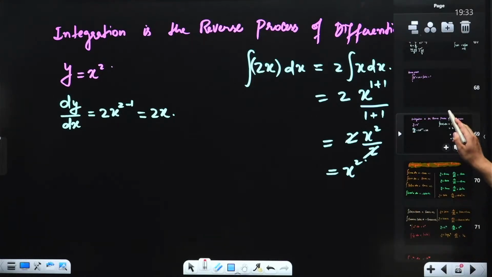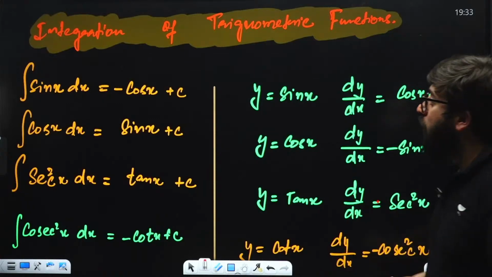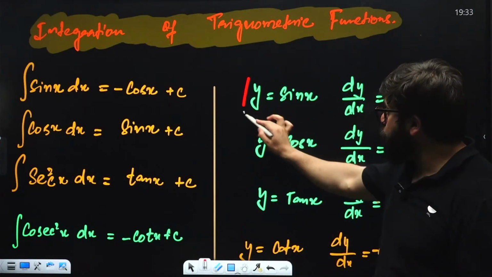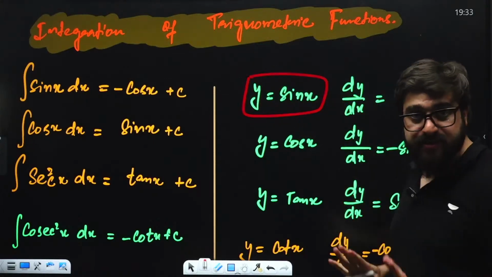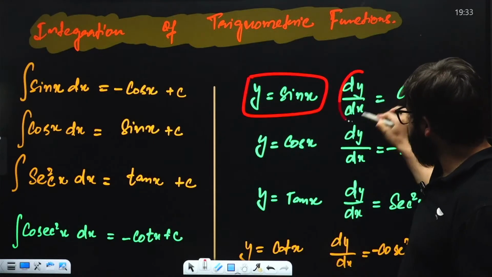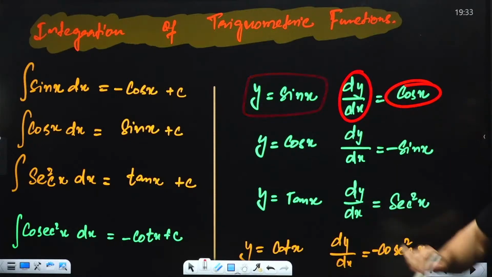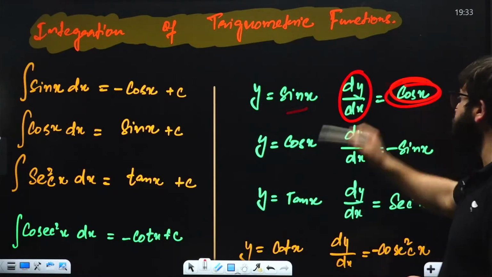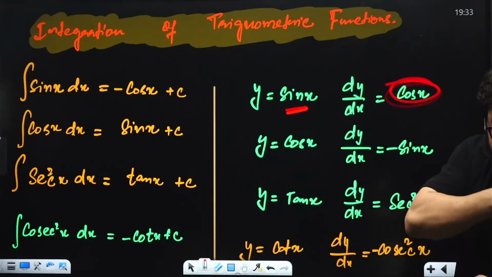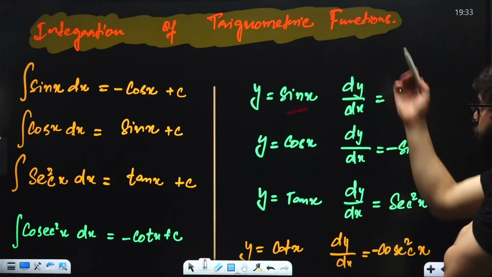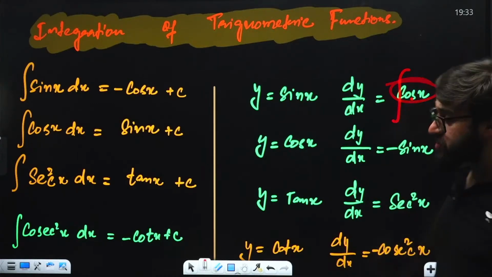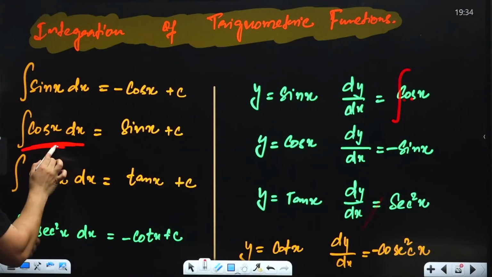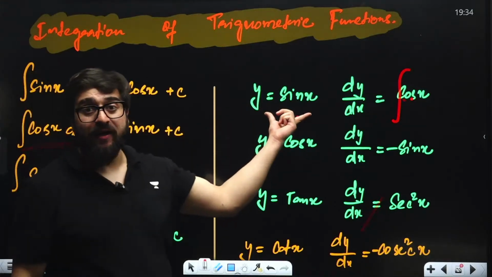Next, see, guys. Now, if integration is the reverse process of differentiation, let's suppose y is equal to sin x. What is the differentiation of sin x? We have already studied, it is cos x. Now, guys, see. If you integrate this cos x, don't you think that you should get this sin x back?